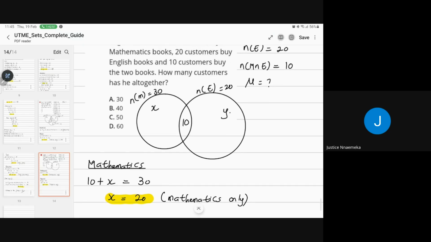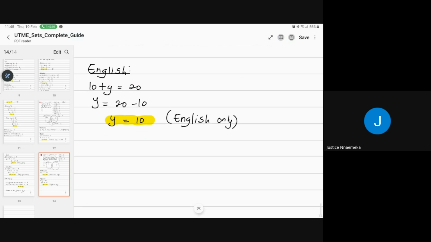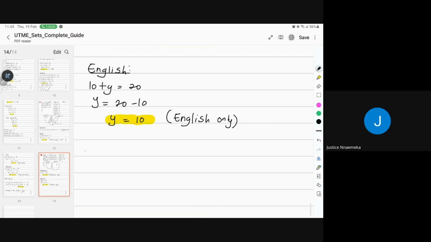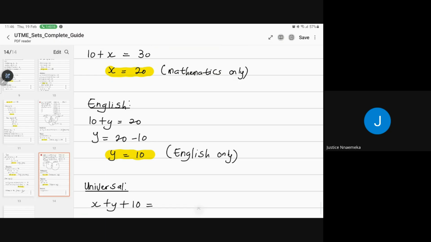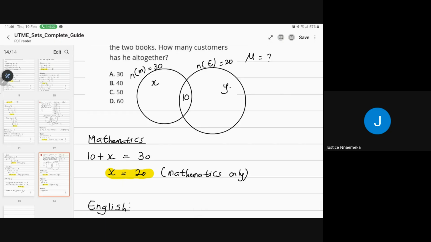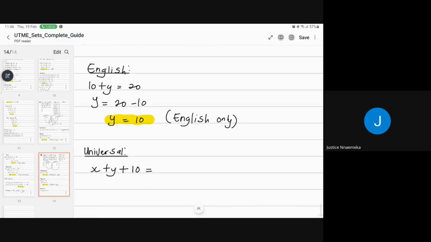So what do we have now? We now have that the total, the universal set, X plus Y plus 10 is what we are looking for. So X plus Y plus 10 is equal to the total customers.